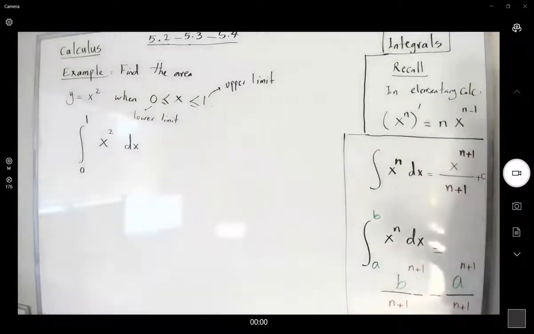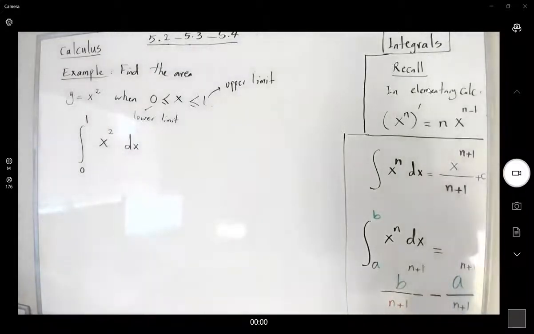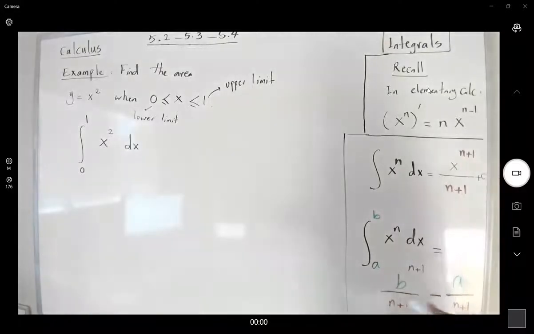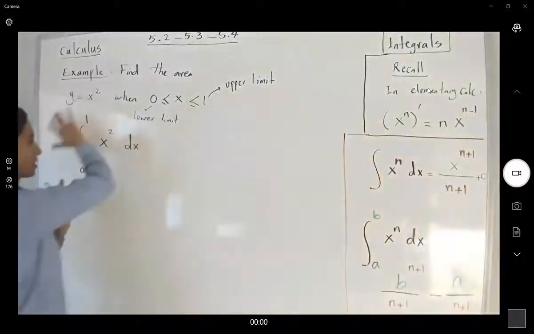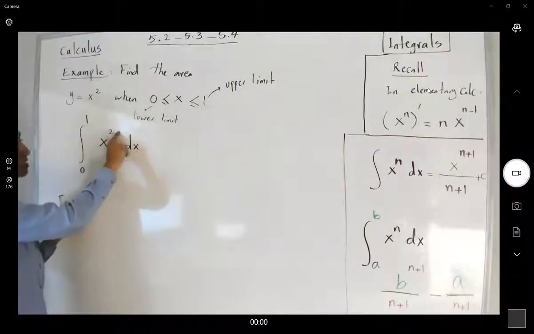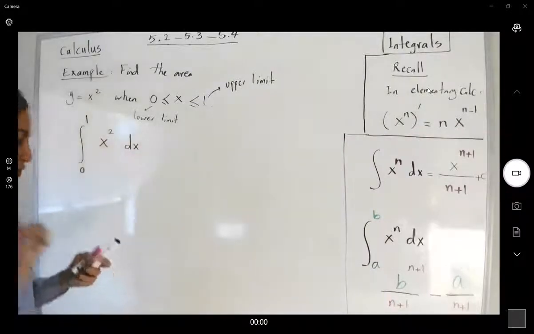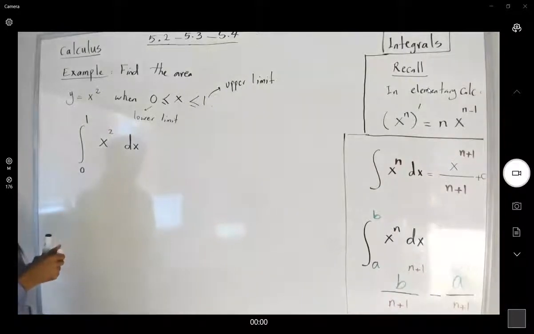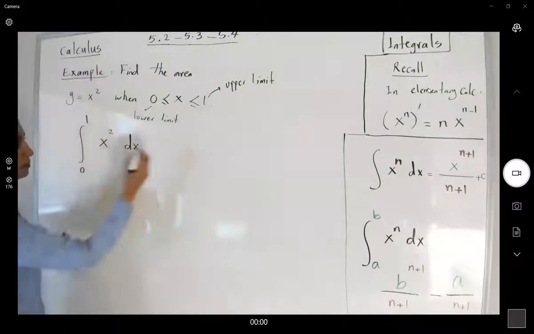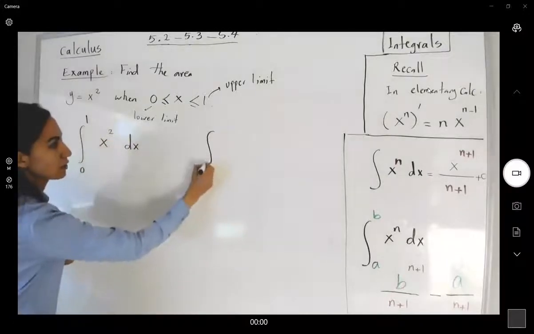Then we subtract these two numbers and find the area, or definite integral. So let us take a look at this one here. I have x squared. My exponent is 2, so I need to add 1 to the exponent for the antiderivative.